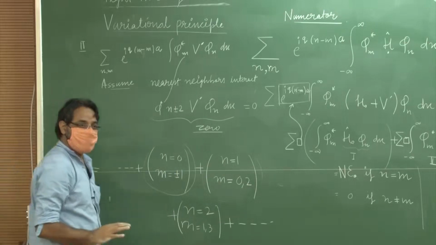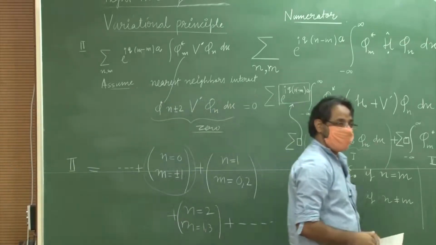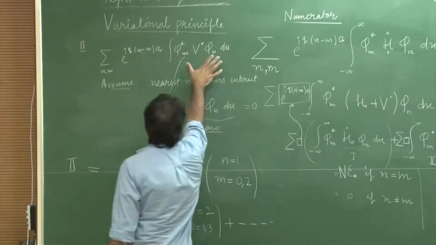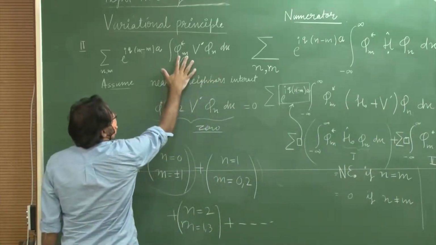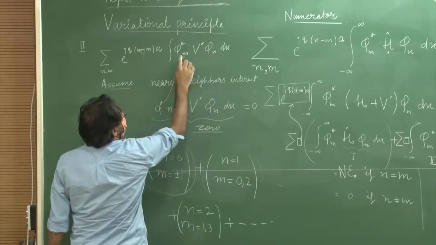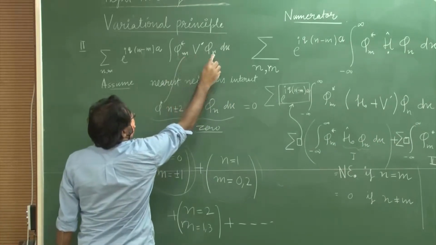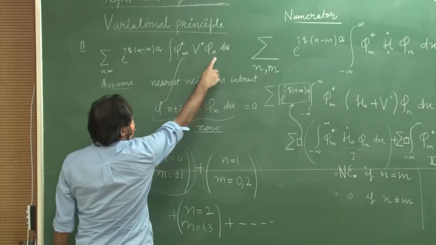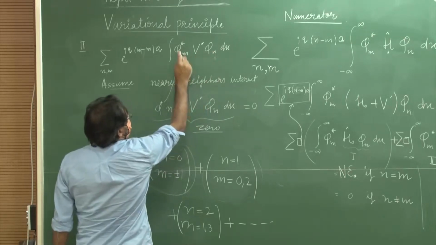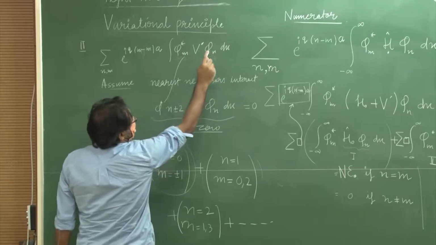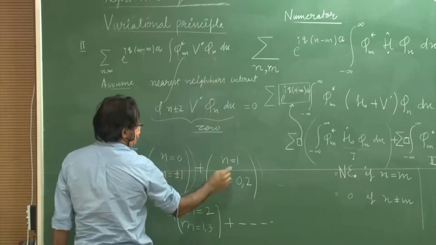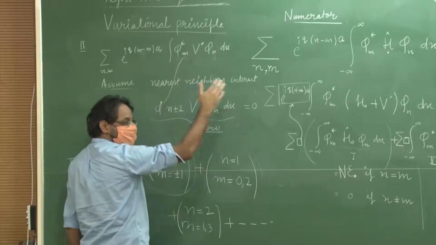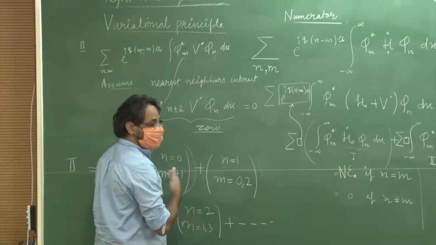Is this point clear to you? Does it make sense? For instance, when I put n equal to 0, you will get phi 1 v prime phi 0, phi minus 1 v prime phi 0, and of course phi 0 v prime phi 0. These are the three terms that you will get. Then you put n equal to 1 and do it again, and so on and so forth. This is how you have to proceed.